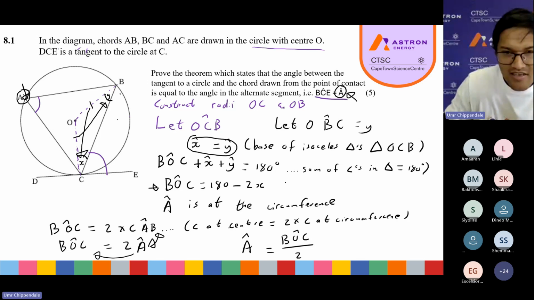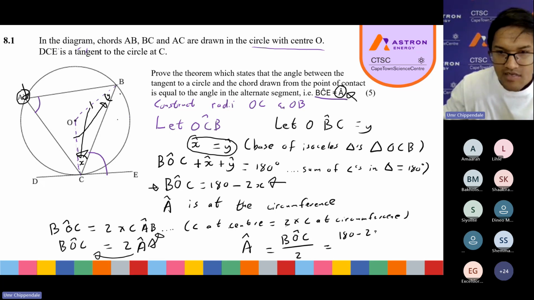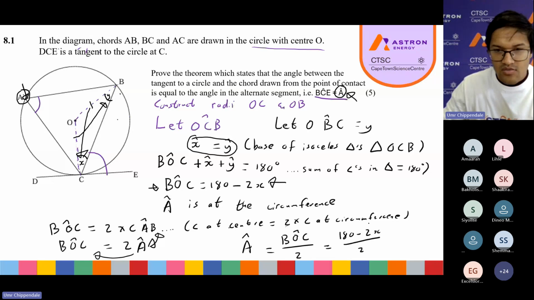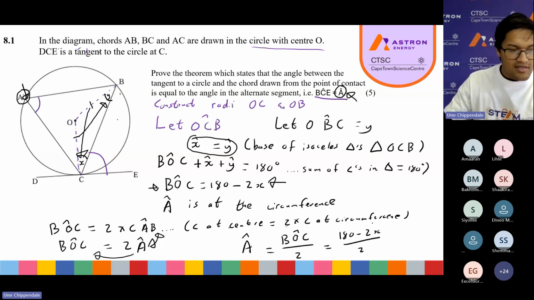This BOC has a value now. This is this value. So that means this BOC is equal to our 180 minus 2x all divided by 2. And if that is the case, we can then say, okay, this is 180 minus what we have over here.